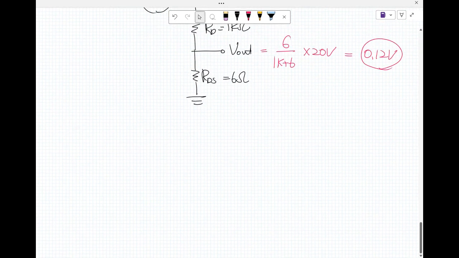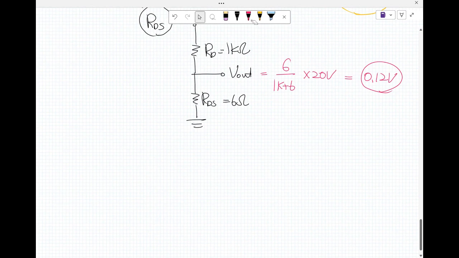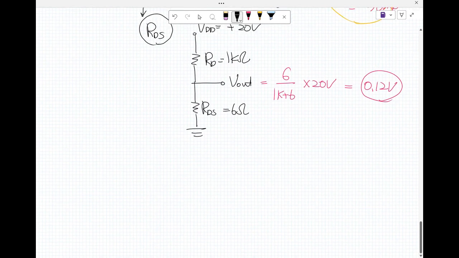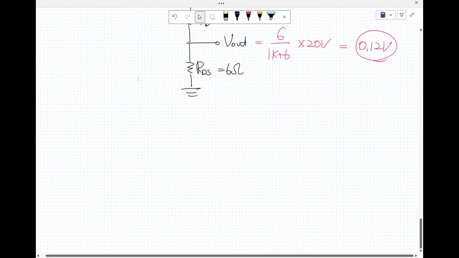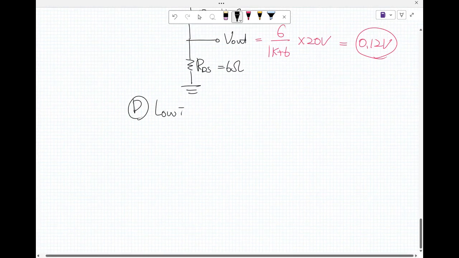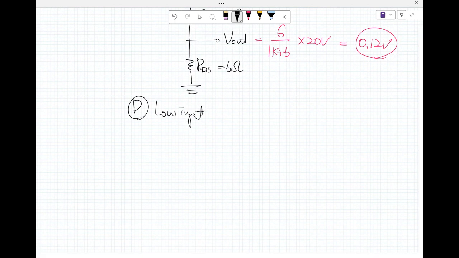Maybe how about the low input? Low input, the gate source voltage, I mean like this one, that part, is 0 volt.